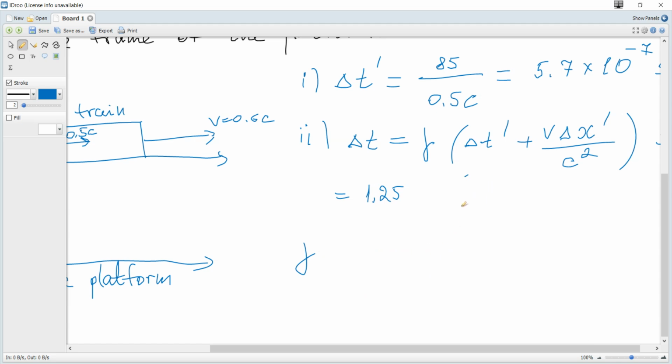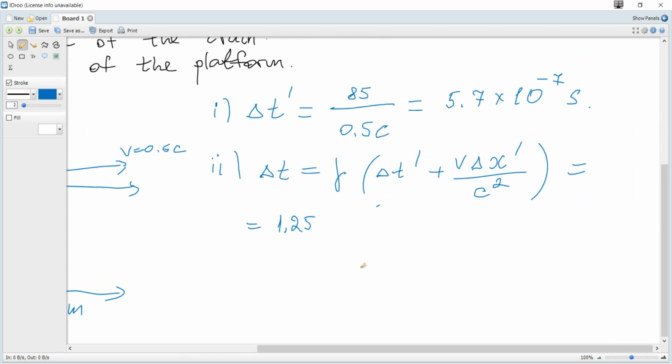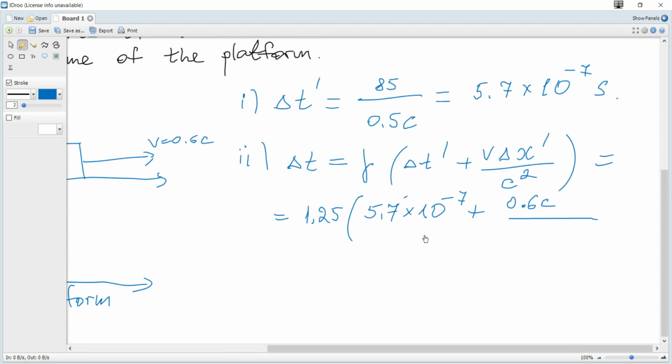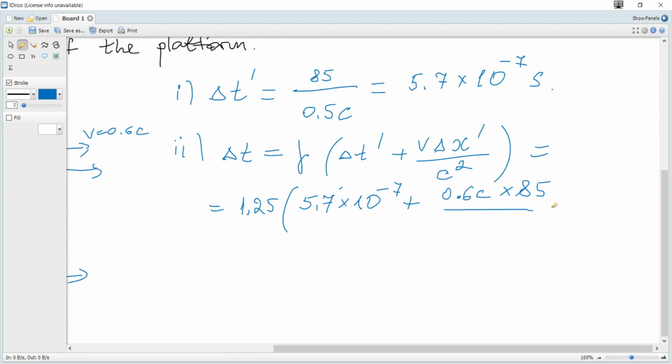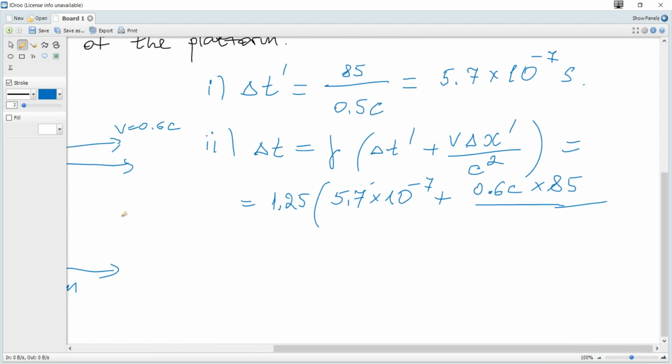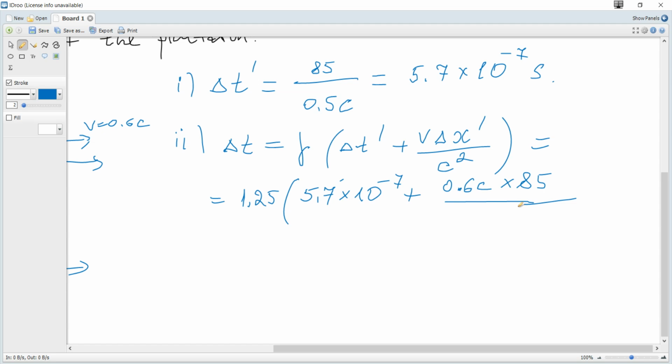Delta t primed is the time required in the moving reference frame, and it's actually the previous answer, 5.7 times 10 to negative 7, plus v, which is 0.6 c, times delta x primed, which is 85. In general delta x may be positive or negative; since the ball is moving to the right, it's positive.